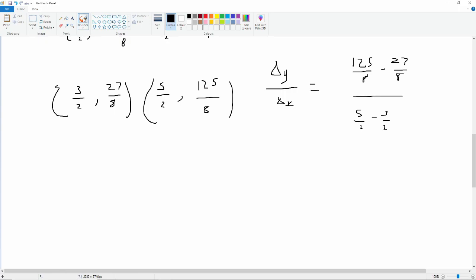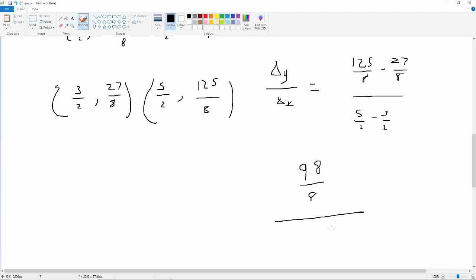Okay, so this is basically 125 minus 27. 125 minus 20 is 105. 105 minus 5 is 100, and then we need to subtract another 2, so that's 98 divided by 8, and all that is divided by 5 over 2 minus 3 over 2, which is 2 over 2.